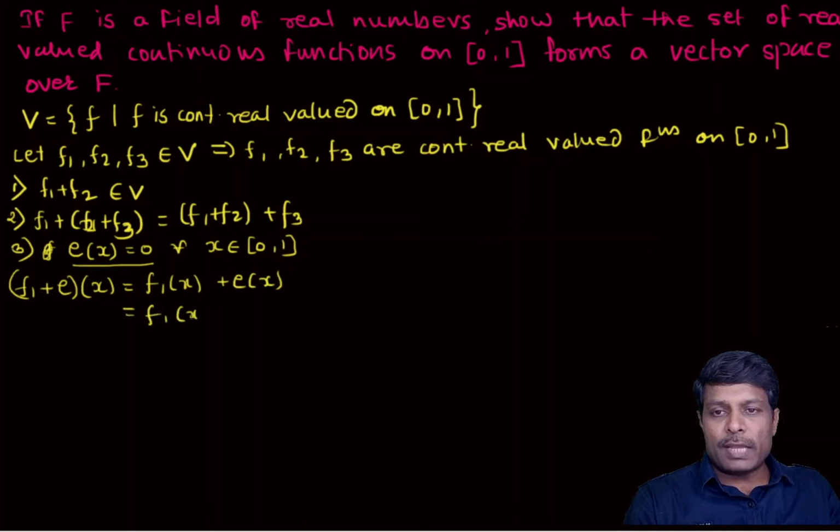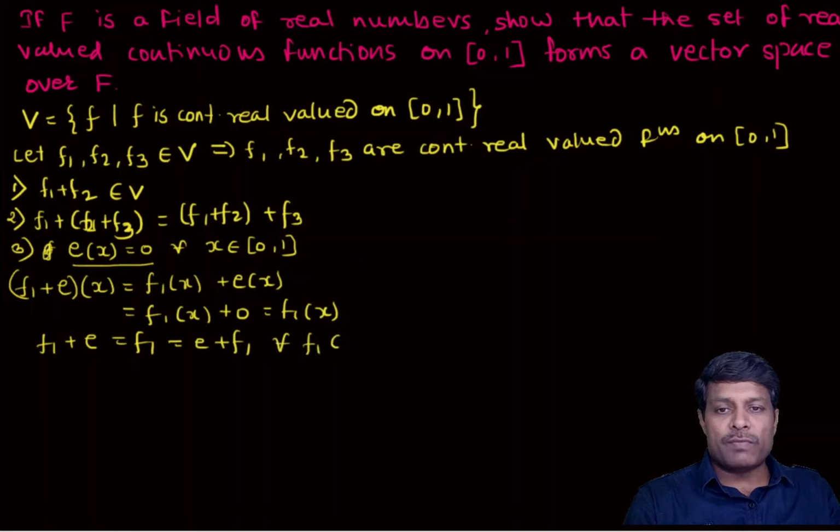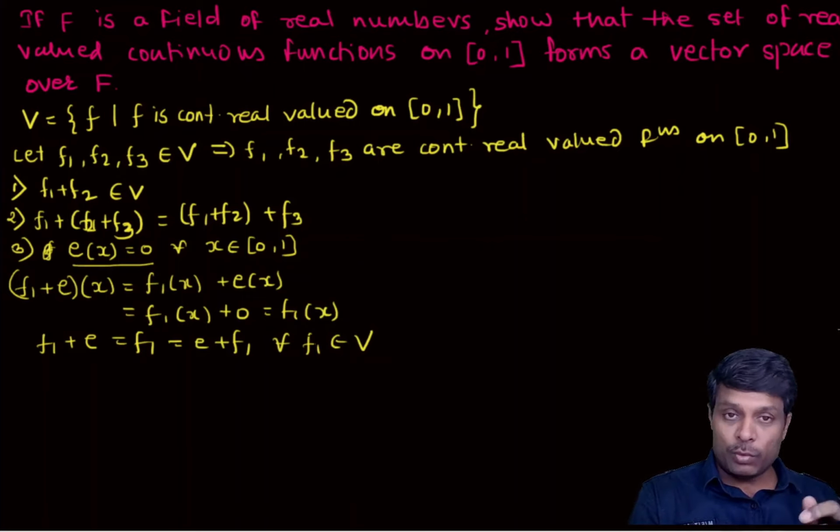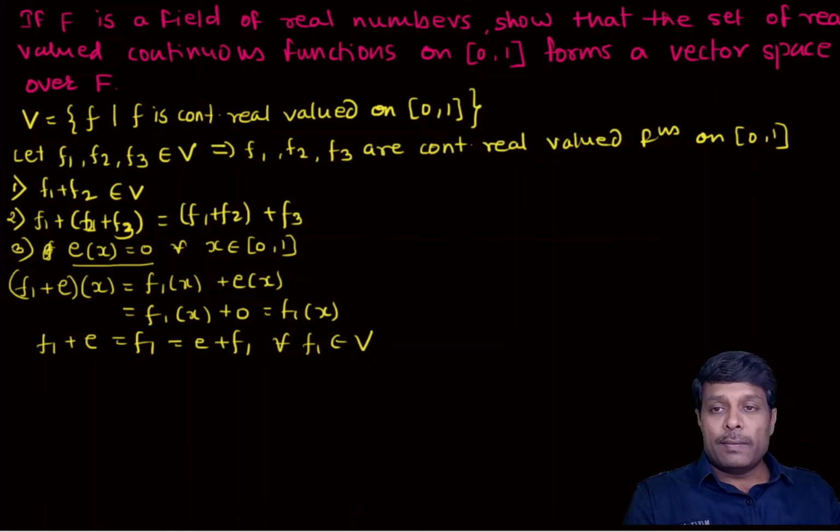Therefore, it is f1(x) plus 0, that is f1(x), and hence f1 plus E is equal to f1. Similarly, we can show that E plus f1 is also equal to f1, and this is true for all f1 belonging to V. It means that the identity denoted by E, which is a zero function, is present in V.